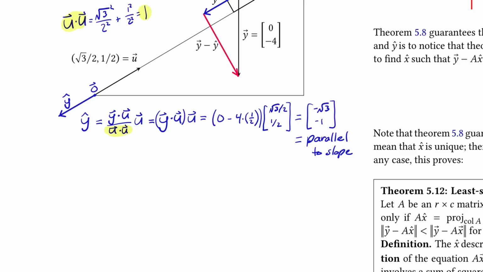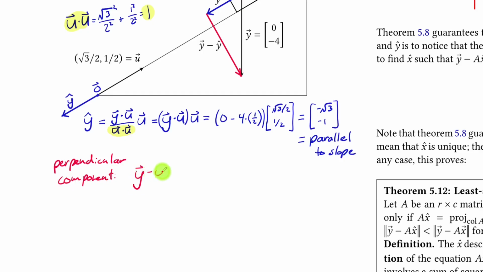Let's get the perpendicular component, or the normal force, you might call it. You get that by subtracting 0, negative 4, minus negative root 3, negative 1, which comes out to be the square root of 3, and then negative 3.